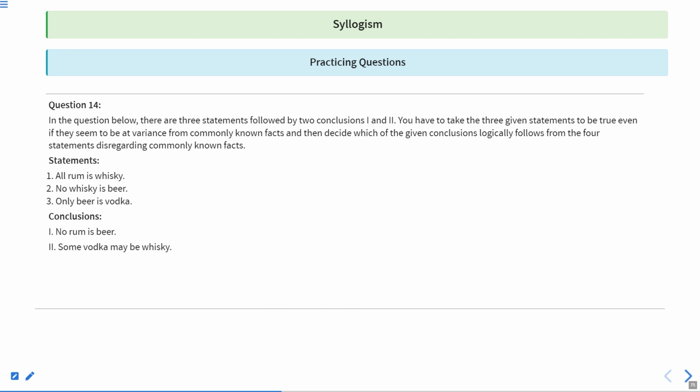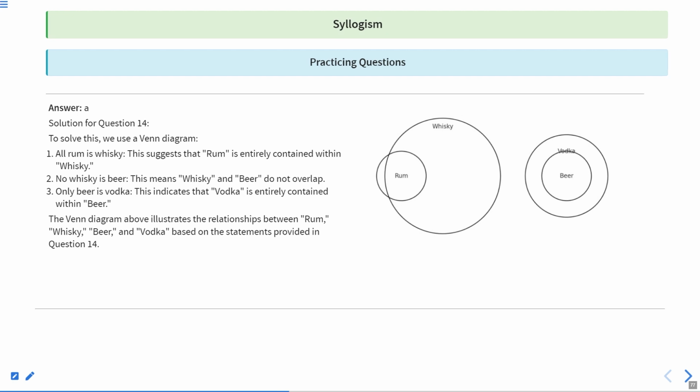So my dear students, I suppose that you have already drawn the Venn diagram for this particular statement. Let's try to figure out what the solution says and whether this solution is right or not. The solution depicts the Venn diagram in such a manner. So the first statement says that all rum is whiskey.